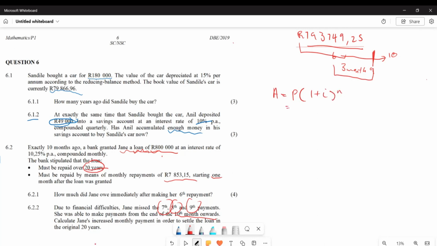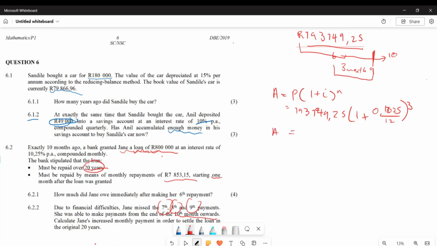So we are taking this amount of money that she is still owing, and we put it back into this formula, with 0,1025 over 12, for 3 months, because she missed 3 months.